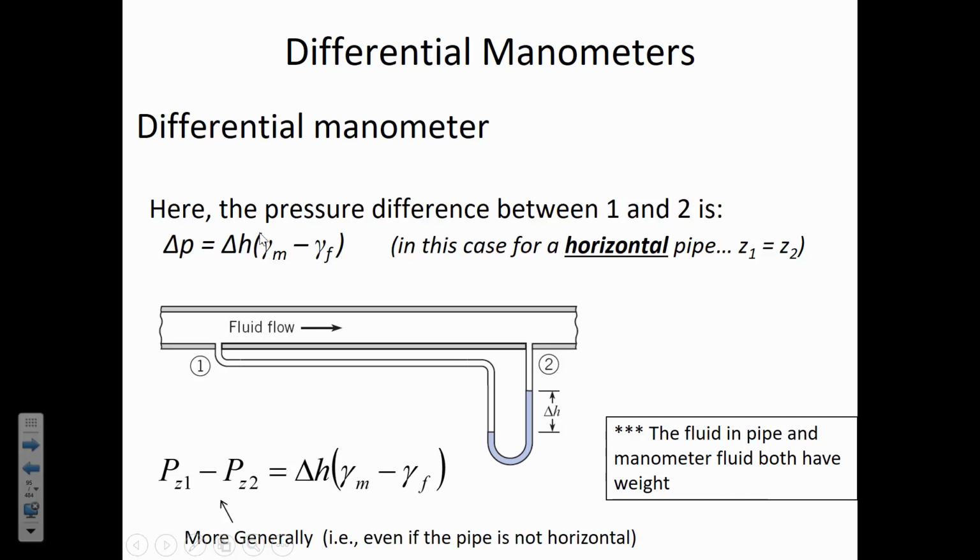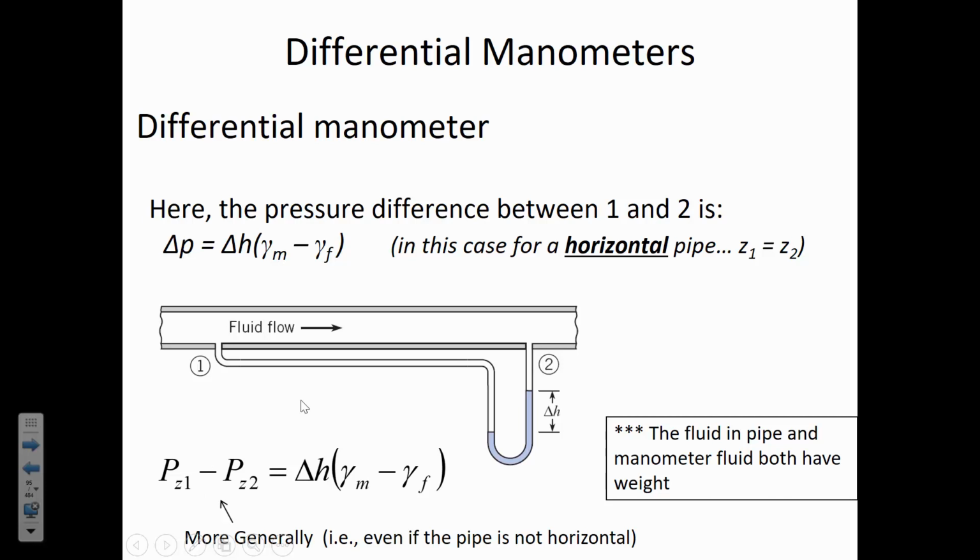And you'll notice that there's some similarities here. Delta H is on the right side of both equations. The difference in the fluids is on both sides of these equations. But the more general equation that's always valid, whether that pipe is horizontal, inclined, or not, P sub Z stands for piezometric pressure.